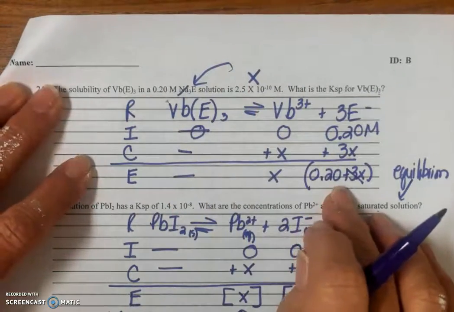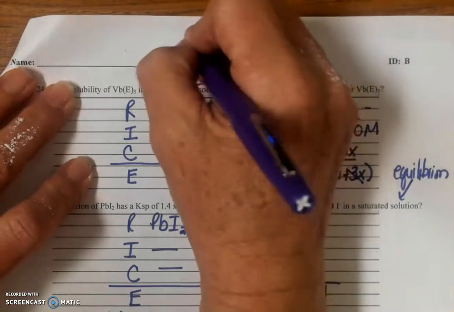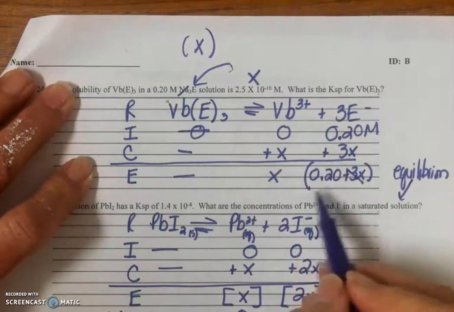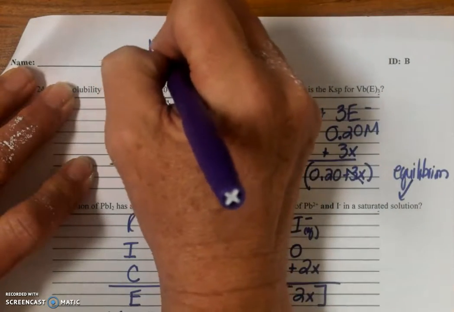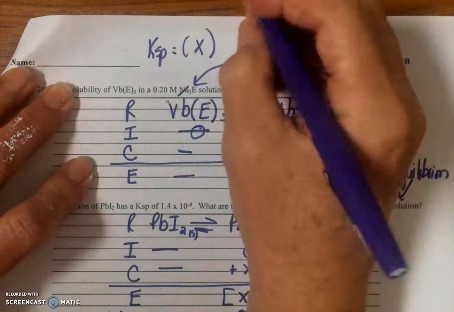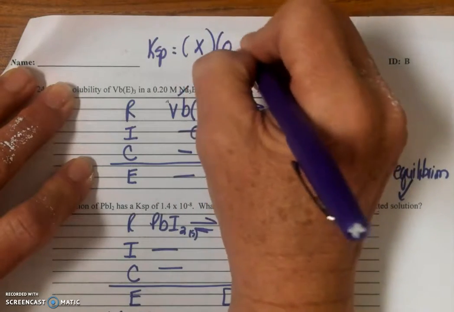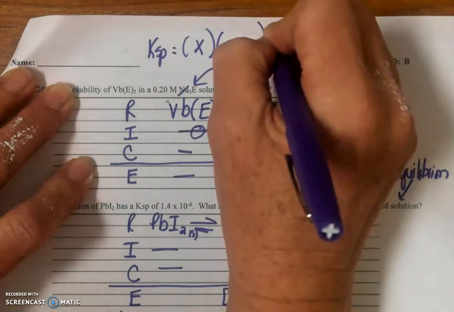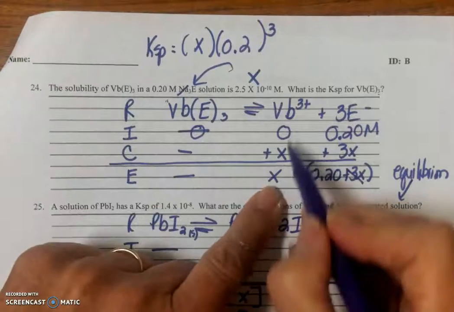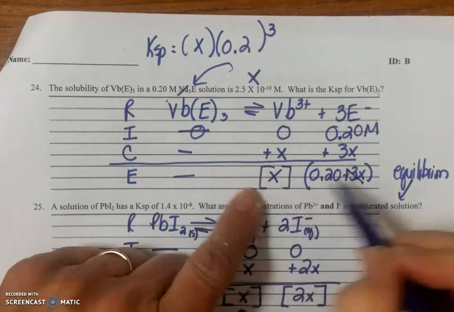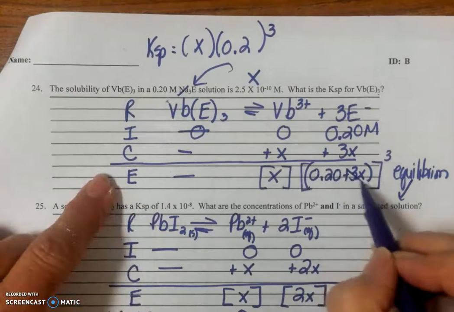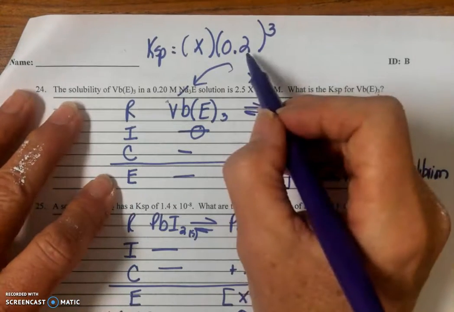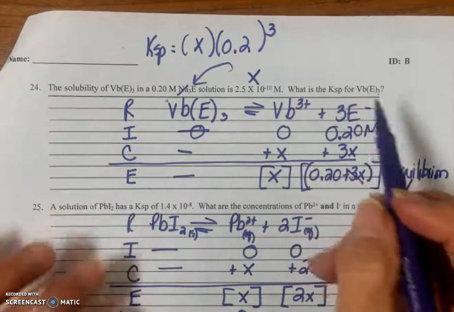So I've got to solve for Ksp. So what I'm going to do is I'm going to say X, right, because my Ksp is going to be X times 0.2 cubed, because it's this times this cubed. But again, I don't need that. Now, what's X?